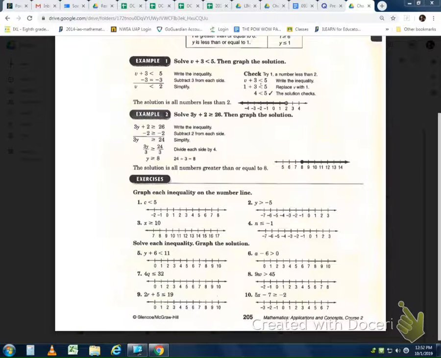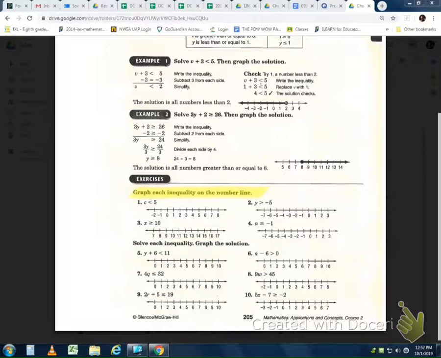So it says graph each inequality on the number line, and this is what I was referring to with those rules. Number 1, you see how C comes first? C is on the left of the symbol. It says C is less than 5. Okay, look at your rules.